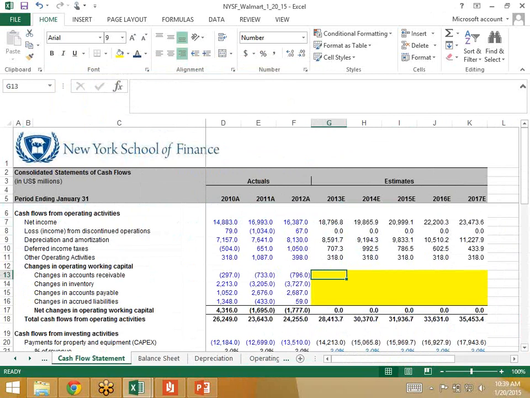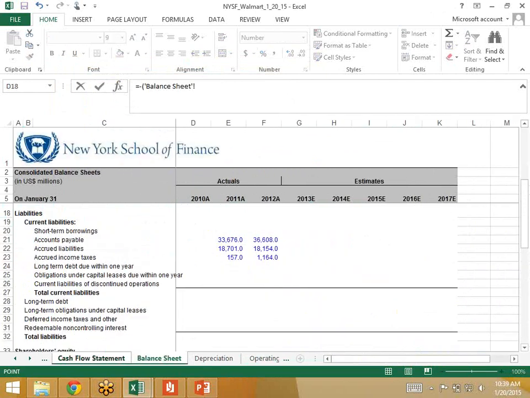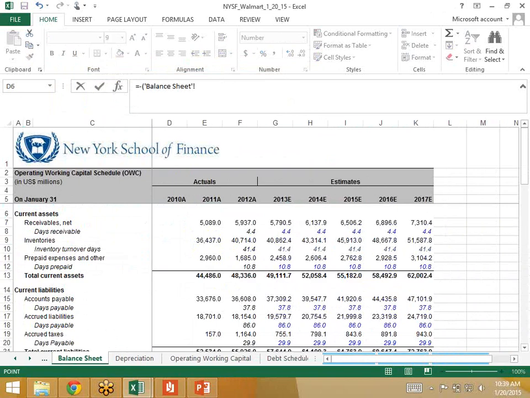So the 2013 changes in accounts receivable is going to be equal to minus, right, negative the change. Open parentheses, the 2013 receivables minus 2012, negative the change.